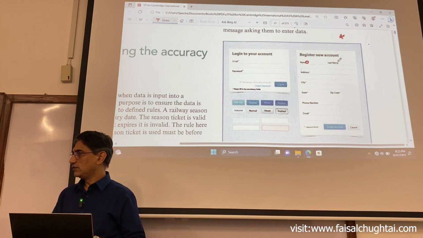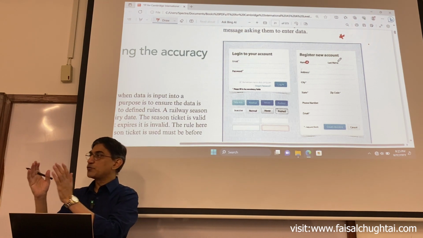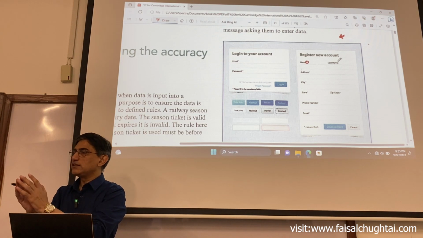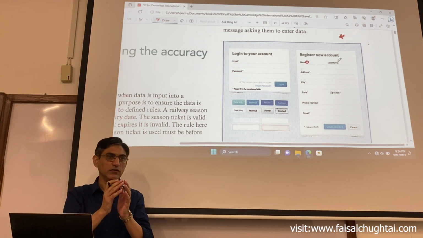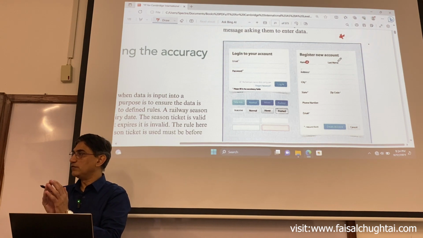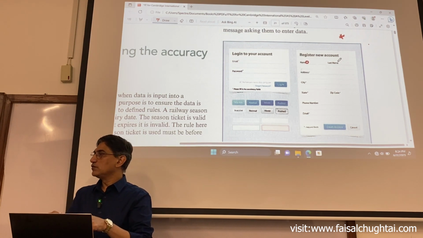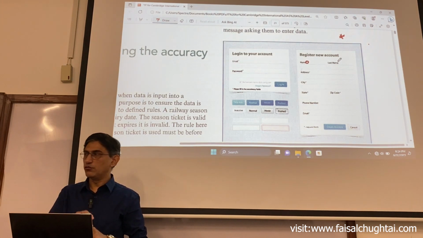It's optional. And there are situations when you find "optional" written with certain fields. Optional means that it is okay even if you do not input any data in here. But the ones that have this star mean that it is mandatory to input data in this field. And when we say mandatory, this means that the entire information cannot be processed without inputting data in this field. So it has to be provided.